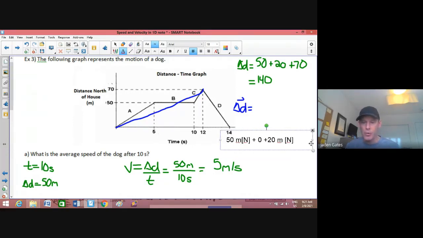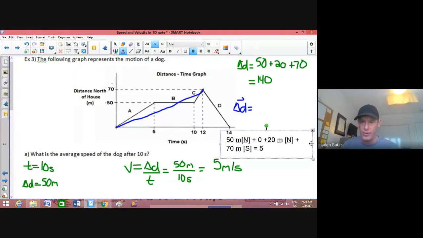All right. And then the last stretch, the dog ran back home. So that's plus 70 meters. But it ran back home, so it went in the opposite direction of north. It is south. All right, now, again, when I add these up, for my displacement I'm looking at north is positive, south is negative.